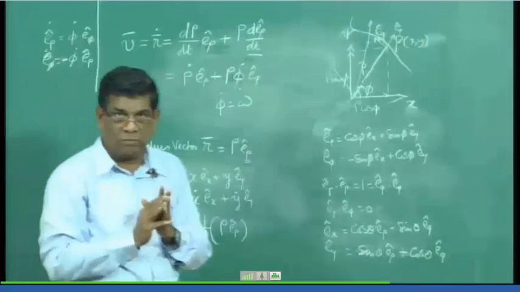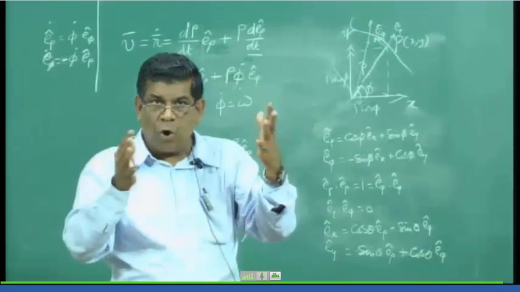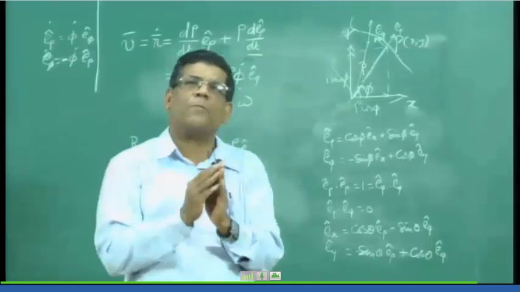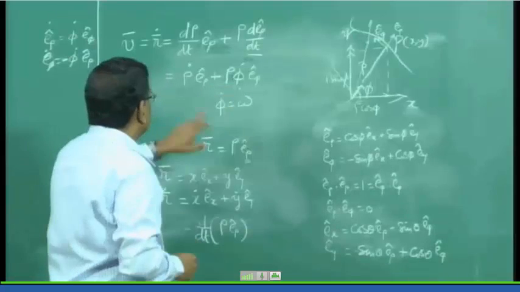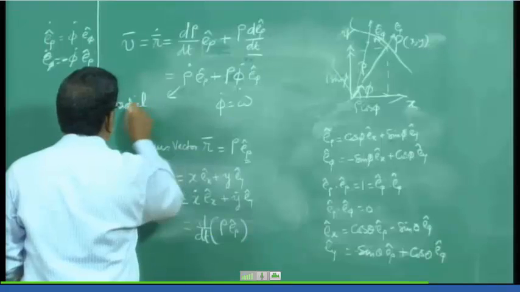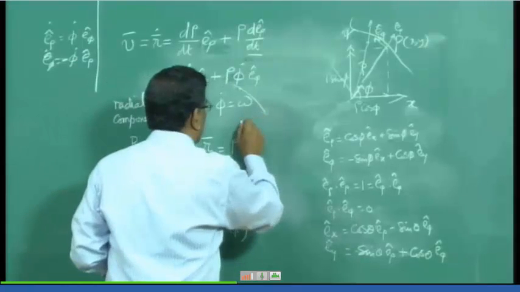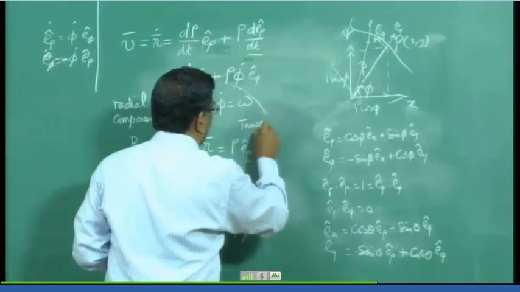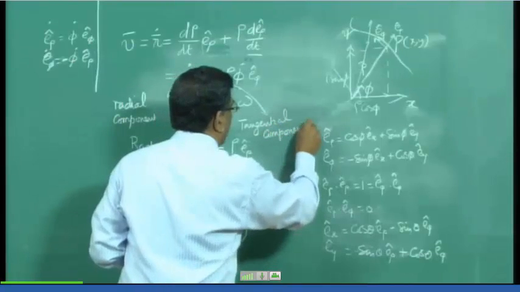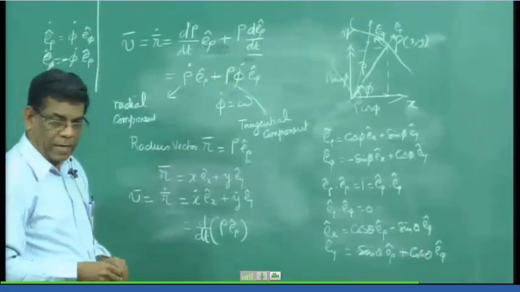Unless it is going along a circle, the body can have both components, the radial component of velocity plus the tangential component of velocity. Both are important. So this gives the radial component of velocity, and this gives me the tangential. This is what we should remember. It has got both.